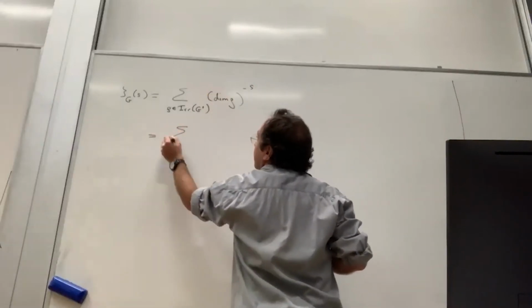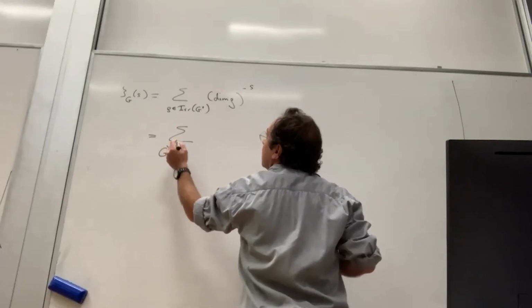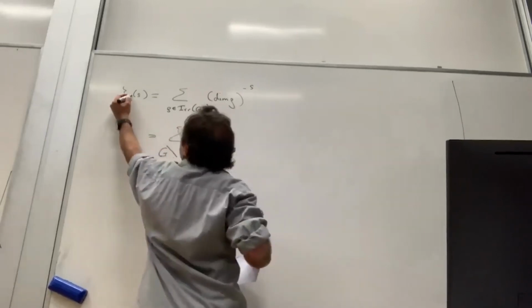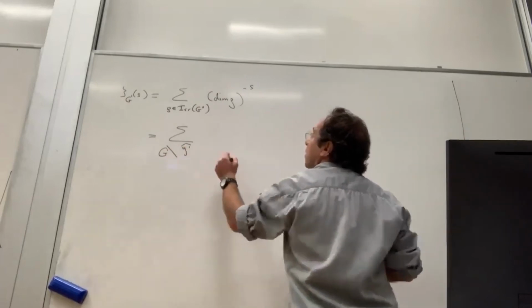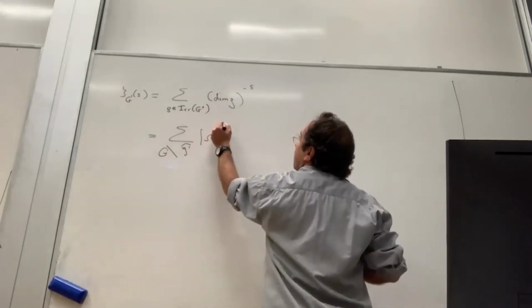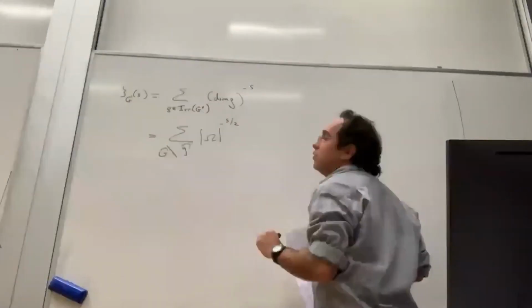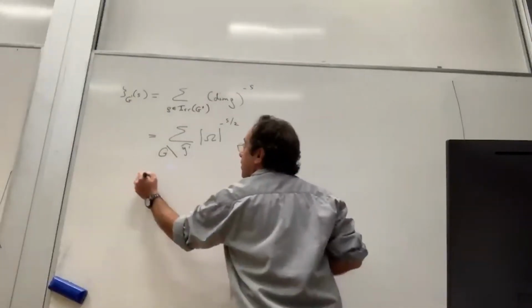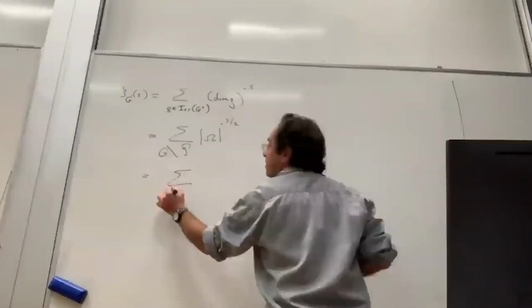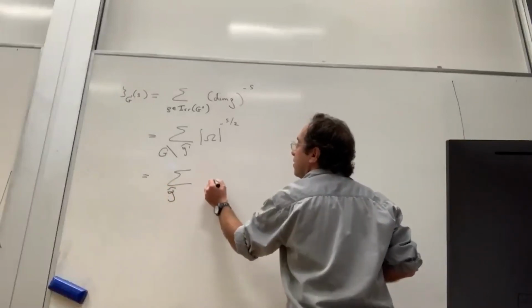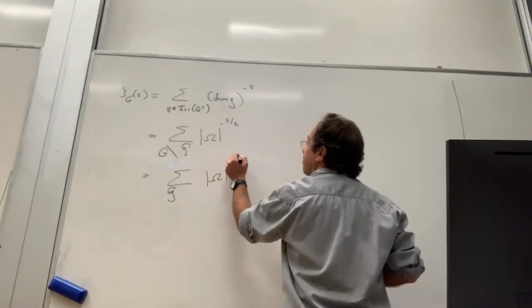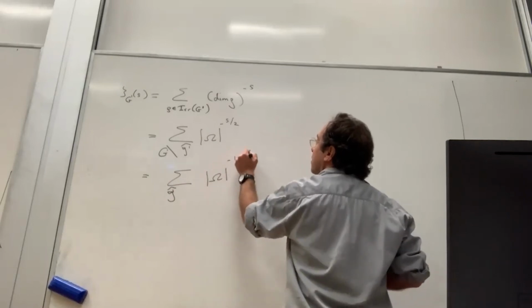But this is the same as going over the orbits and then taking them to the minus s over 2. But then you can write this down as a sum over all the characters and then divide by the size of the orbit.